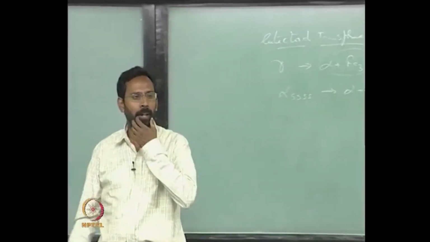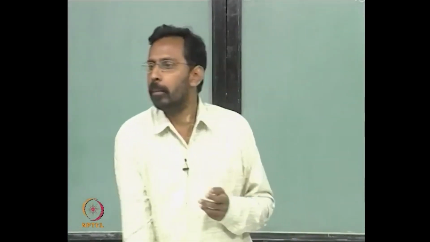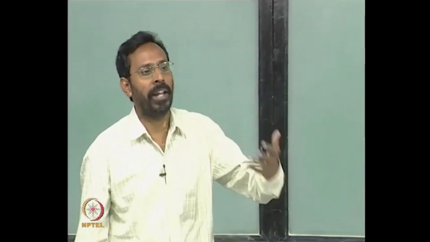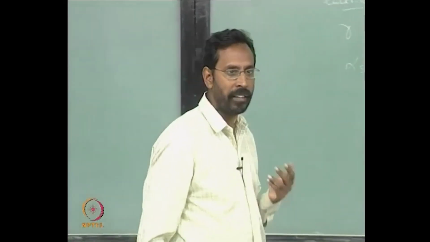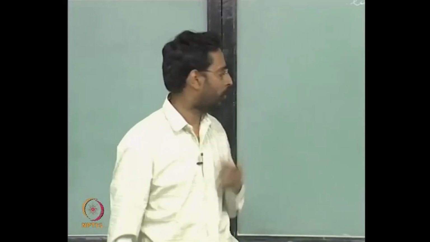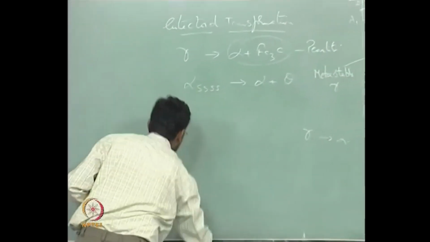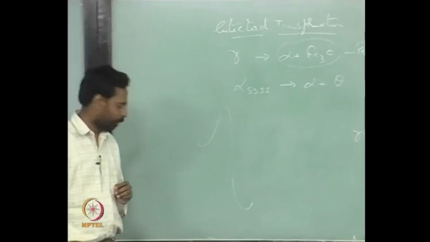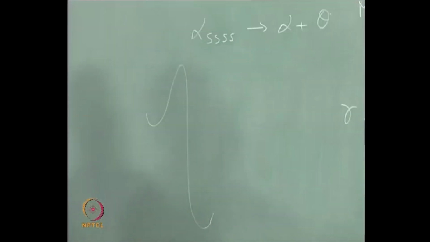The reason I have to tell you the difference is that unstable immediately transforms to something else. The moment I say metastable, for it to transform to something else, you need to provide an activation barrier. That is the difference between metastable and unstable. For example, I told you also an example possibly some time back.